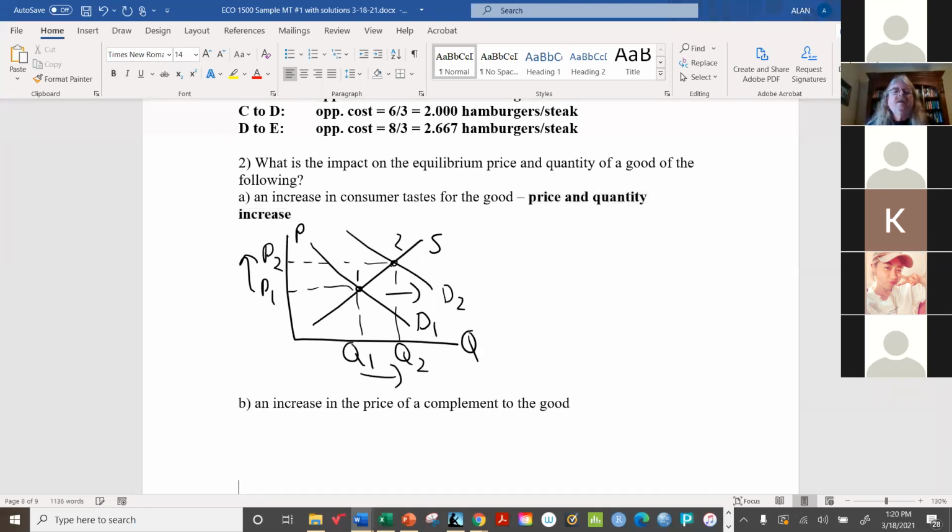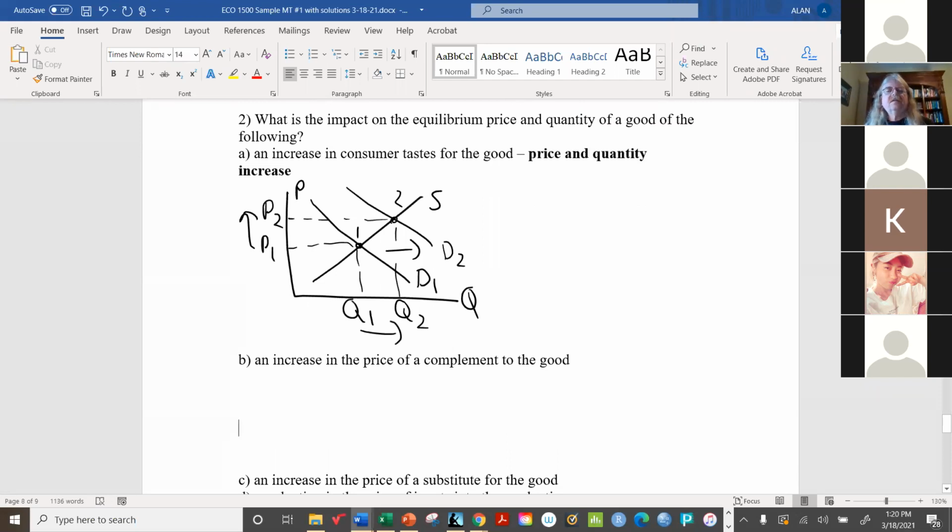Complements. We haven't thought about this in a while. All right, let's just dream up an example. We always do ketchup. Let's try this one. Suppose that X is jelly.